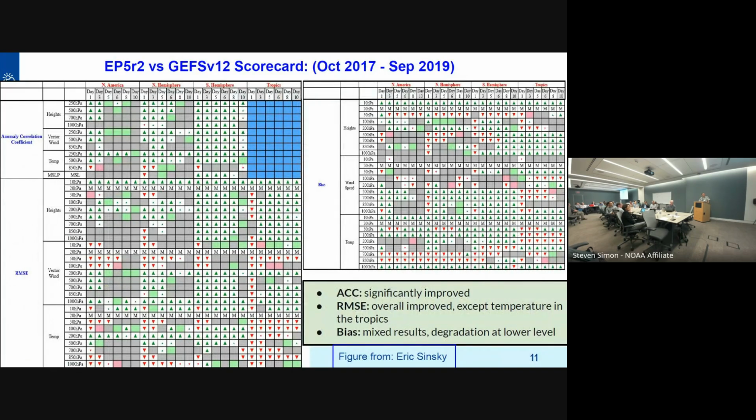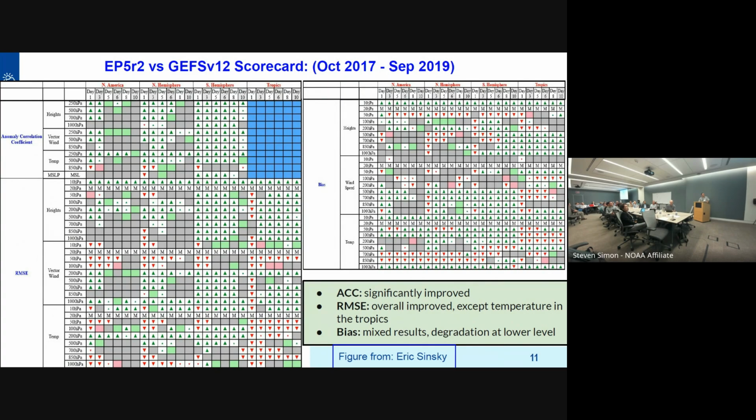This is a scorecard for EP5R2 and GEFS 12. Basically, you see the green means better and the red means worse. Hopefully you can see the gray, or this is a green, I don't know, the color is different from the laptop. It's neutral. Overall, EP5R2 has improved compared with GEFS 12, especially for AC score, the top.